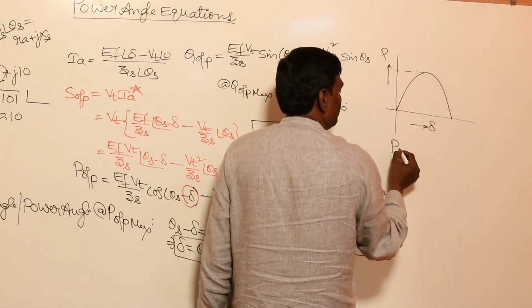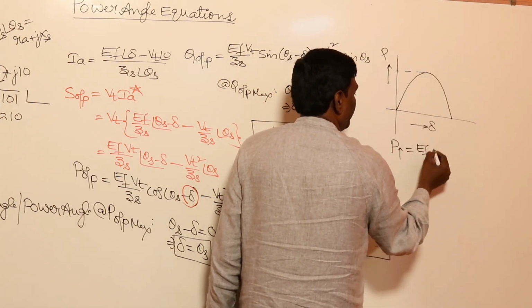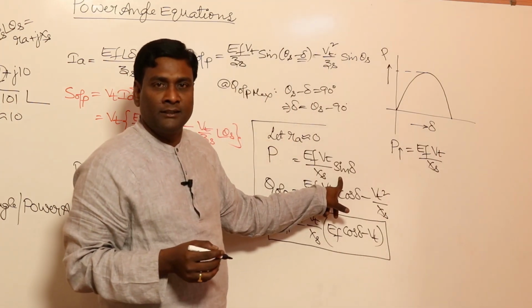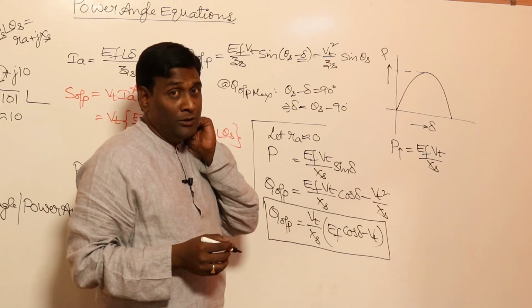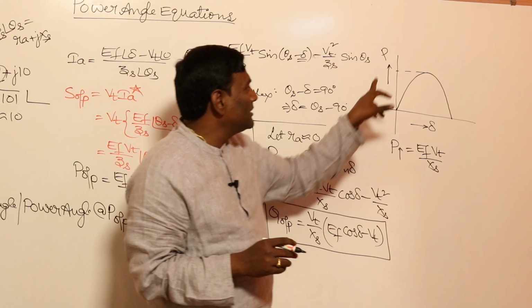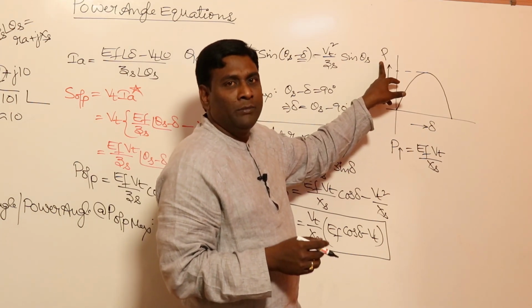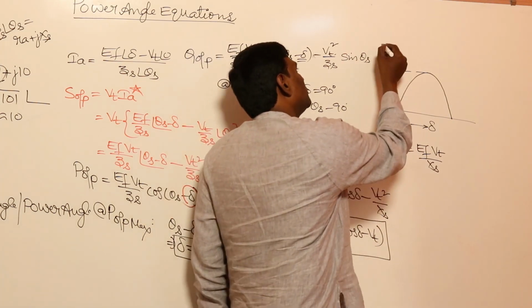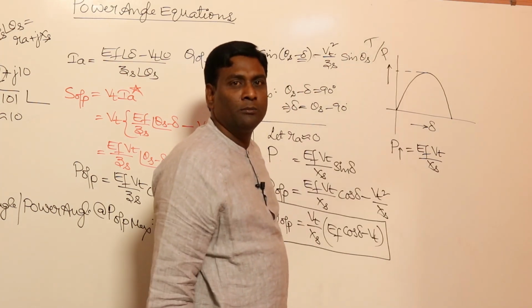P max is going to be EF Vt by XS when delta is going to be 90 degrees. Here I have to tell you why after 90 degrees torque development will be less. Because power multiplied by synchronous speed omega s, which is constant, is going to be torque. So this can be torque also, torque or power.